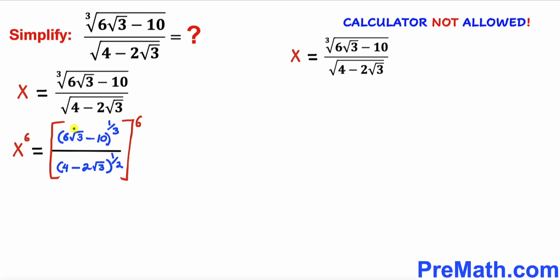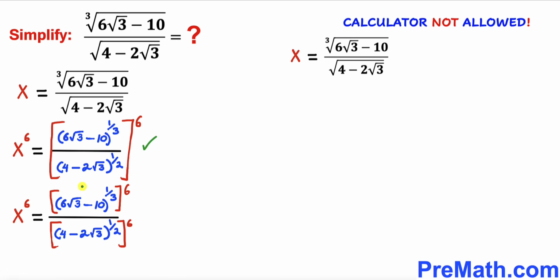And now let's make an observation. We see we have this numerator divided by the denominator, whole power 6. So this could be written as this whole numerator power 6, and likewise this whole denominator power 6 as well.